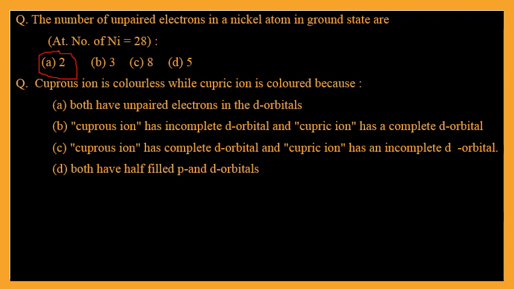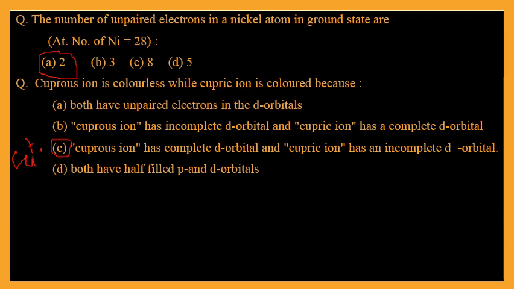For this, the correct option will be option C, where cuprous ion Cu+ has a complete d orbital. As you write down the electronic configuration of Cu+, you will find it has a completely filled d orbital, because the copper metal has electronic configuration 3d10 4s1. Only one electron is removed from Cu, so you get 3d10.